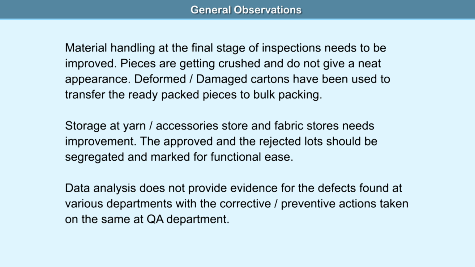Deformed, damaged cartons have been used to transfer the ready packed pieces to bulk packing. Storage at the yarn, accessory and fabric stores needs improvement. The approved and the rejected lots should be segregated and marked for functional ease.